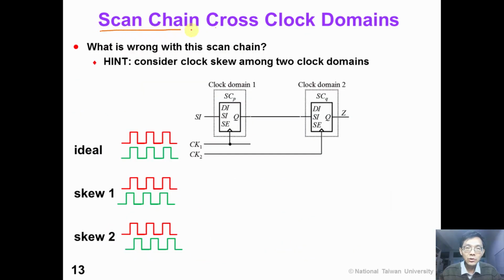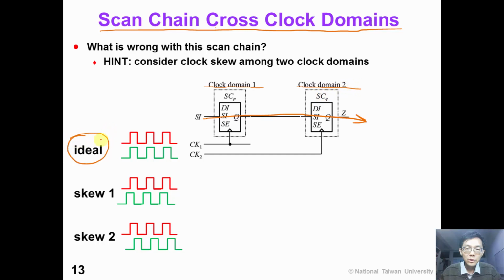If we have a scan chain that goes across different clock domains, we need to be very careful. Suppose that we have one scan chain that goes through clock domain 1 and the clock domain 2.